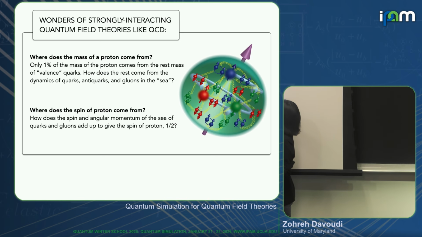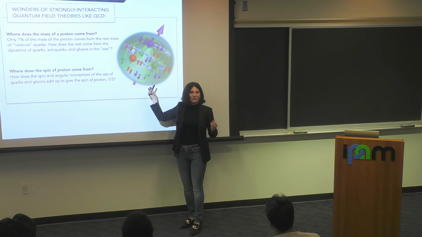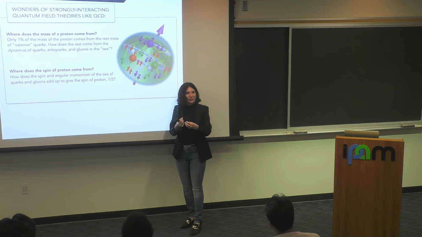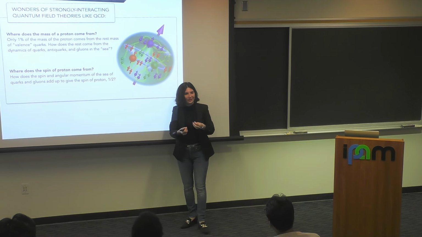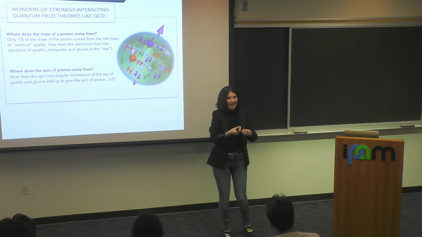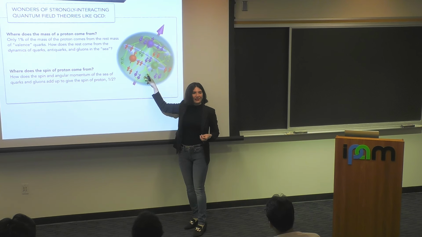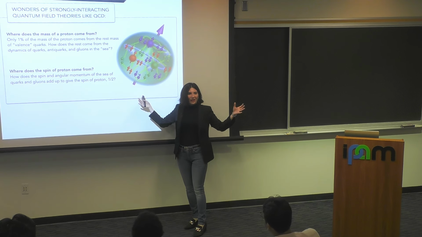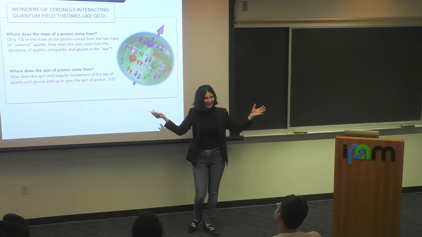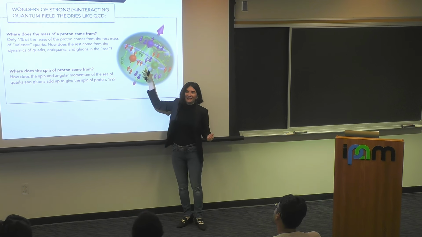The proton is actually these 3 valence quarks, and everything else could be the quarks and antiquarks that always pop out of the strongly coupled vacuum and then annihilate to the gluons. The gluons then interact with everything else. So there is a sea of infinite number of possibilities, as well as the 3 valence quarks.